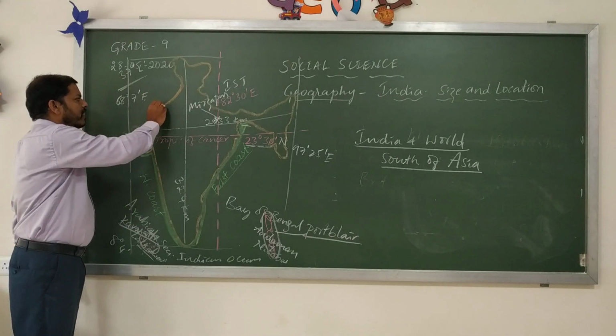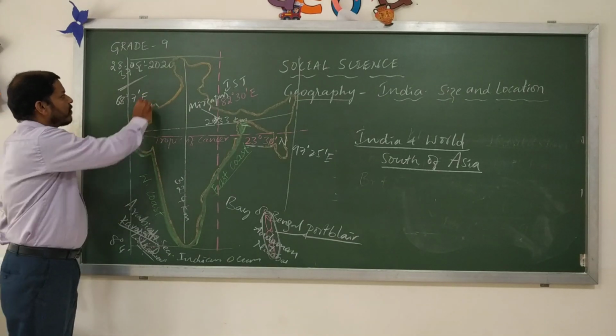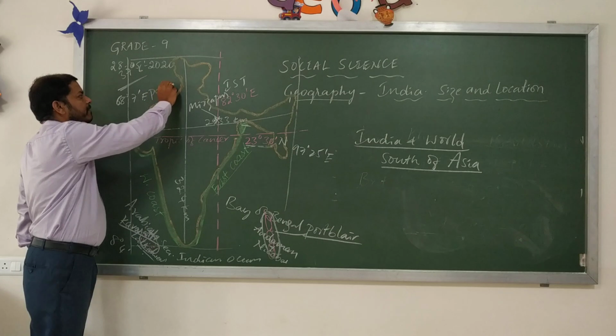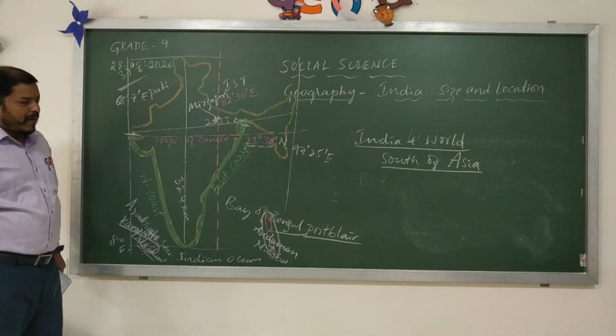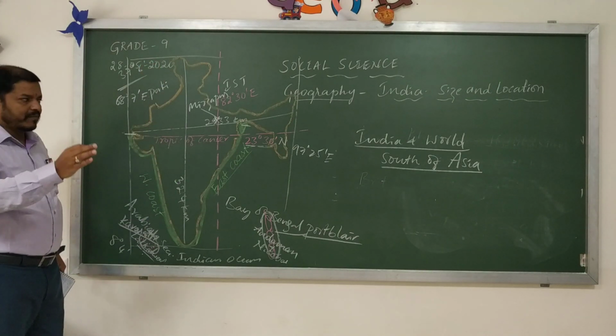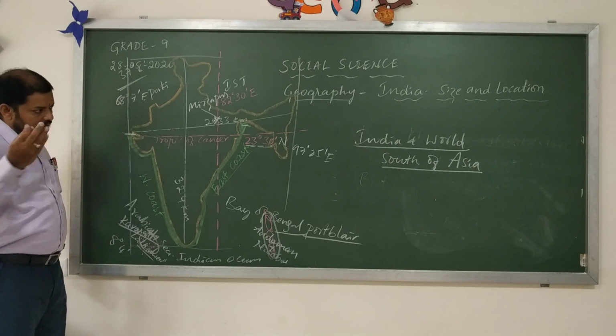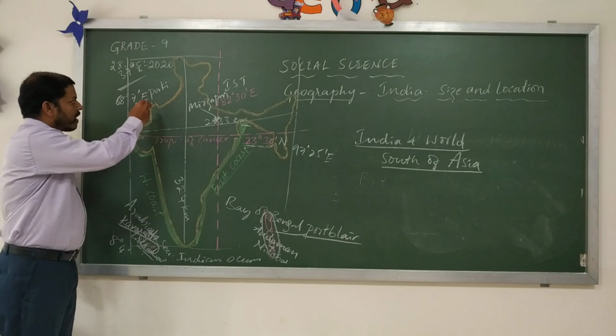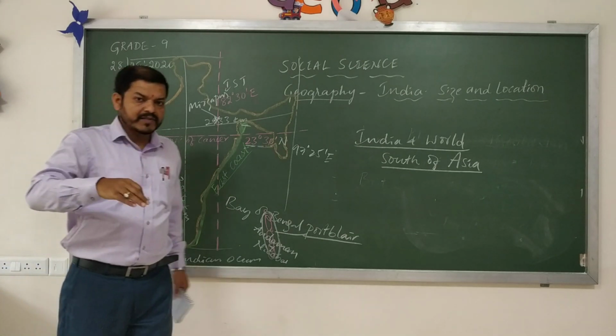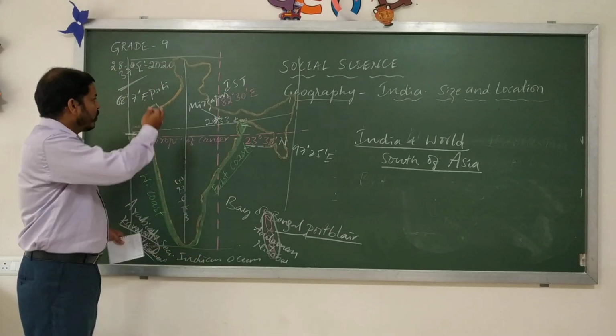In the northwest we have Pakistan. Pakistan was a part of the great India, the Bharat, and in 1947, after the partition of the country, it became a new country.